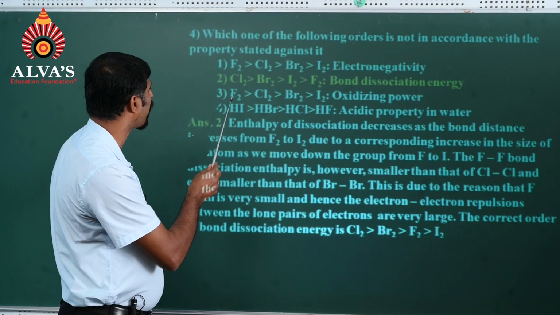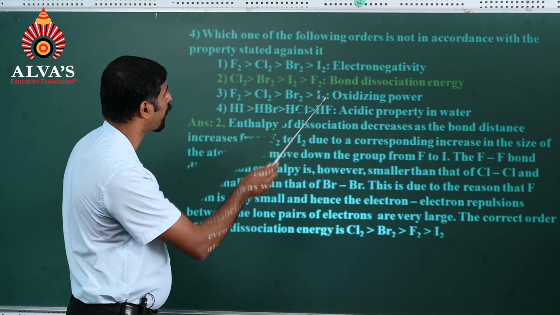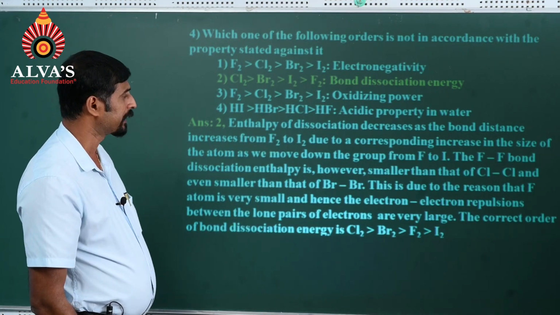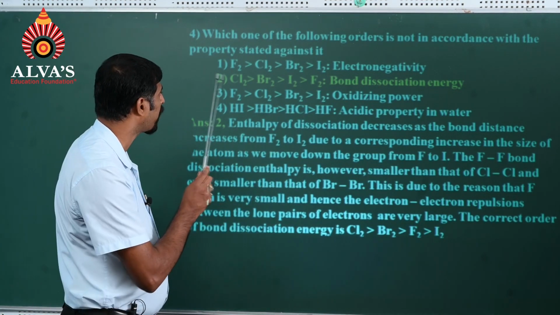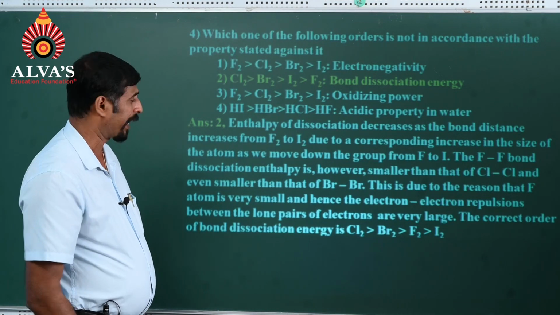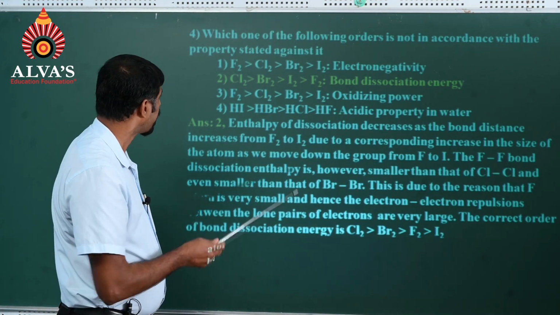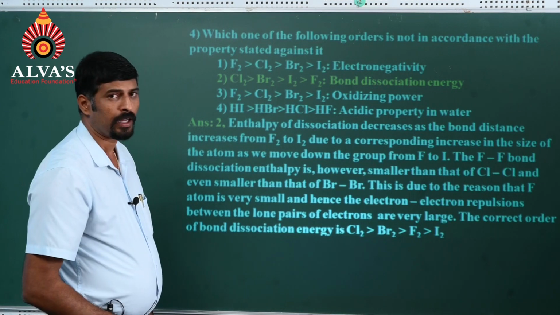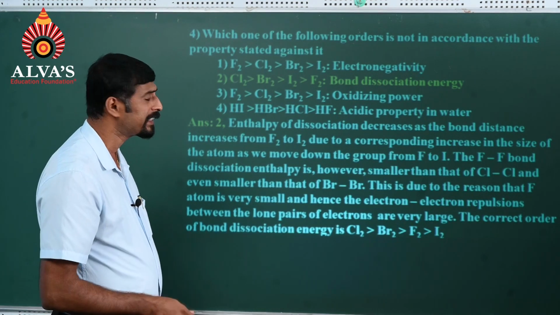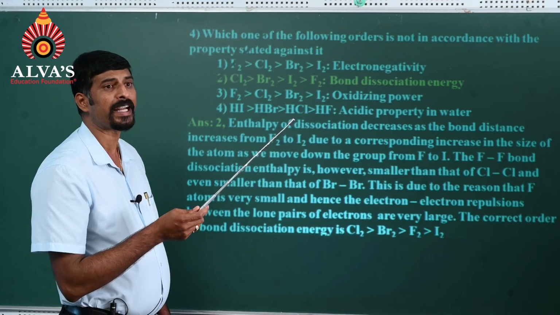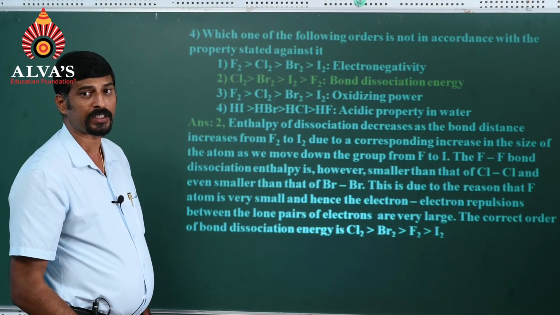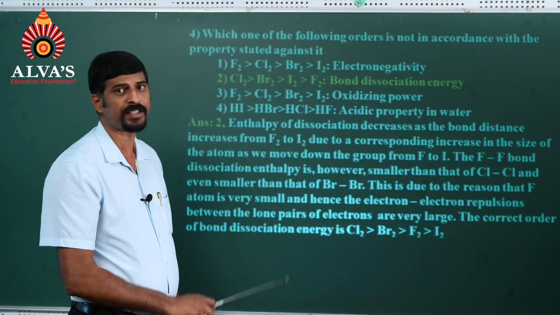If you observe the second one, chlorine, bromine, iodine and fluorine, bond dissociation energy. This option is not correct. Why? Because in the case of fluorine, the bond dissociation energy is less than chlorine and bromine, even though it is smaller in size.